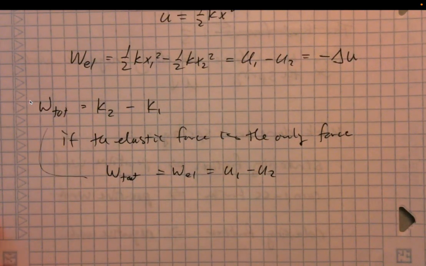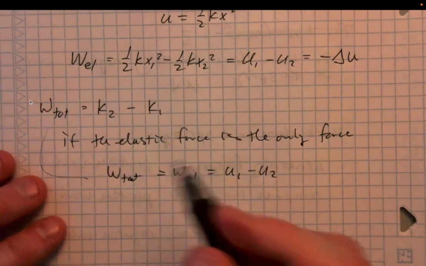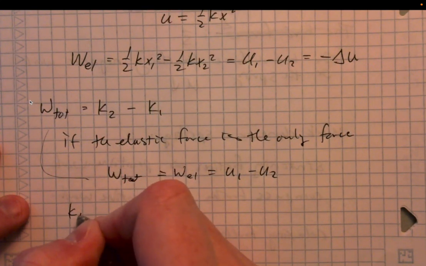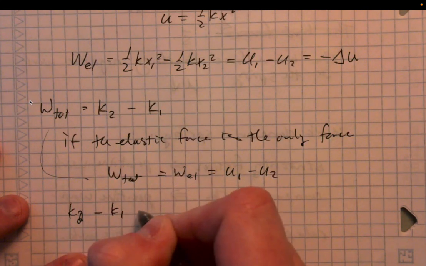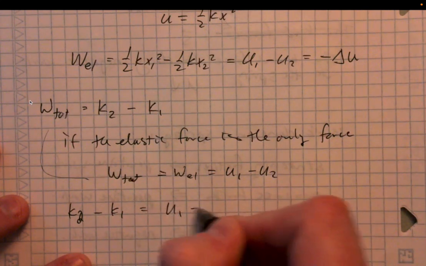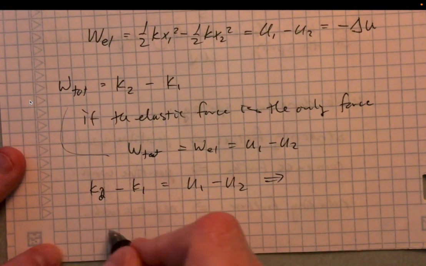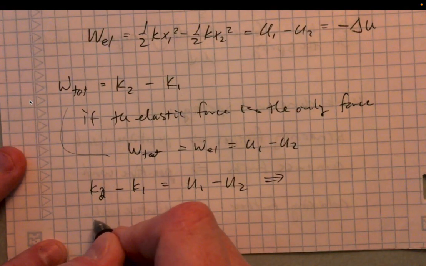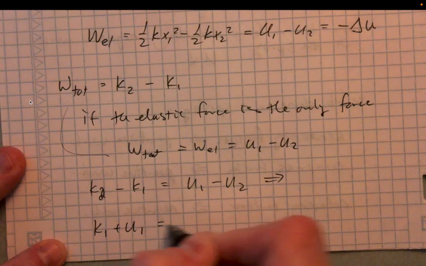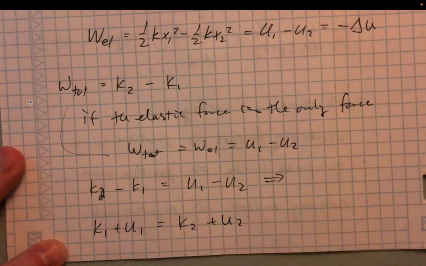And so then we can obviously equate these two, and we could say that K2 minus K1 equals U1 minus U2. And just like before, we can write this instead as K1 plus U1 equals K2 plus U2.